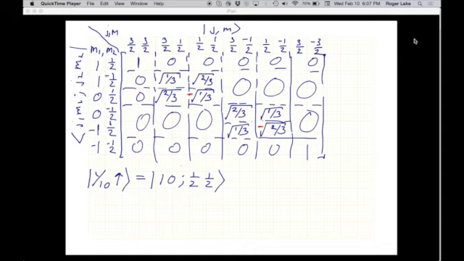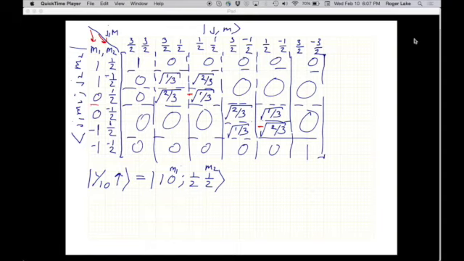And this is our M1 and this is our M2. This column is our M1, this column is our M2. So this state here, our 0, 1/2 state, this 1, 0, 0, 1/2 state is this guy right here.